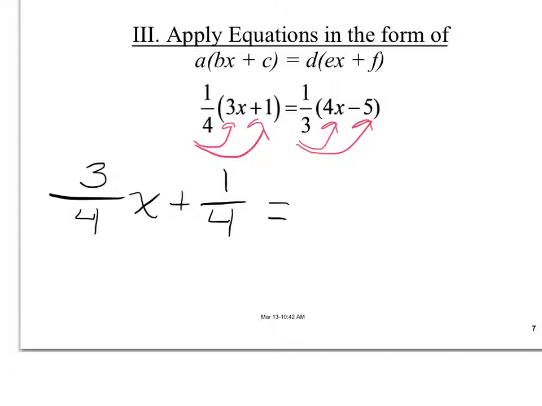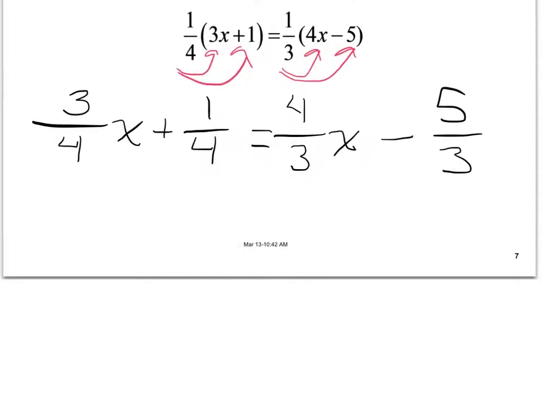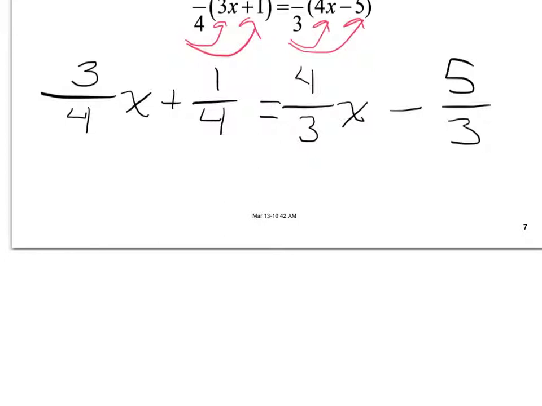And then on the right, 1/3 times 4x will be 4/3x minus, because you keep the same signs that are in front, 5/3. Now you're just looking at combining like terms.